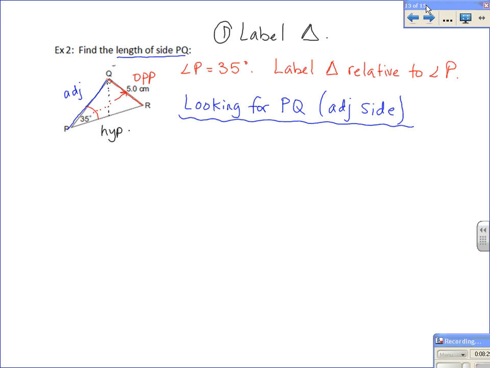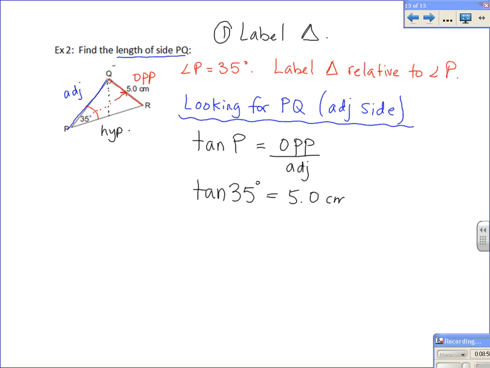I know that the tan of an angle, and in this case it'll be angle P, the tan of P is equal to the opposite over the adjacent. I know P is equal to 35 degrees, so I'm going to put that information in. And that is equal to the opposite, which I also know is 5.0 centimeters.